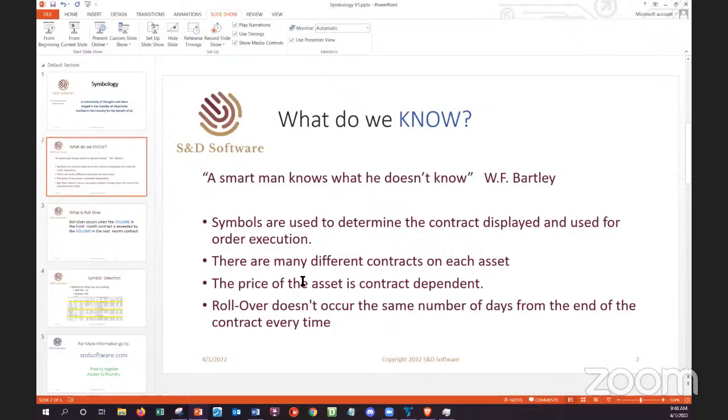The price of the asset determines what contract is contract dependent, and we just saw that. We saw two different prices for the same asset, but two different contracts. There's multiple different contracts available on each market. They have different rollover dates and different expirations. And what you need to think about is, what's your purpose?